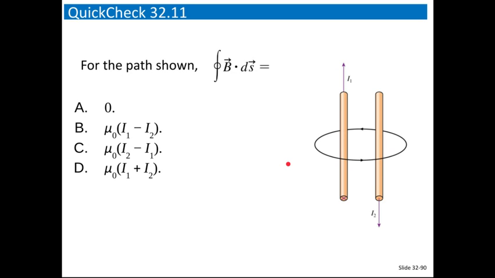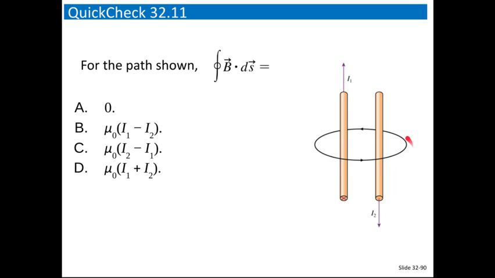The integral of B dot ds here would be mu naught I enclosed. So what would be the I enclosed? Well, I've got current 1 up, current 2 down. I know it's going to be the difference. Is it going to be 1 minus 2 or 2 minus 1? Which wire would have direction in the direction of the path that I'm using?